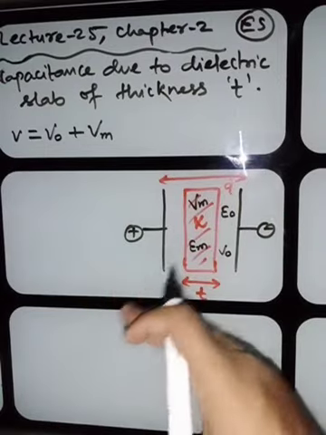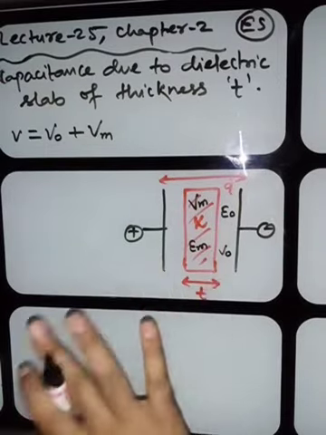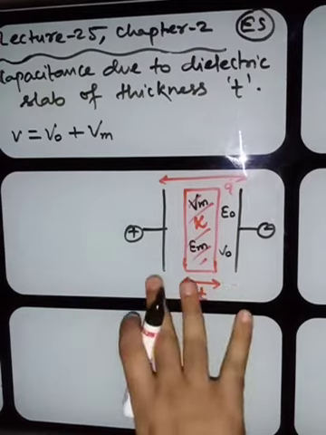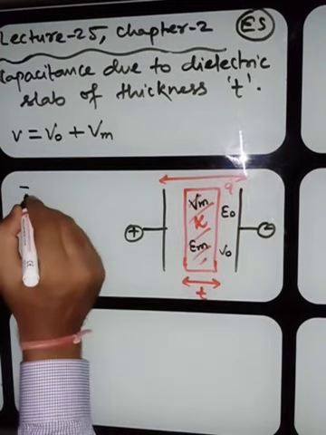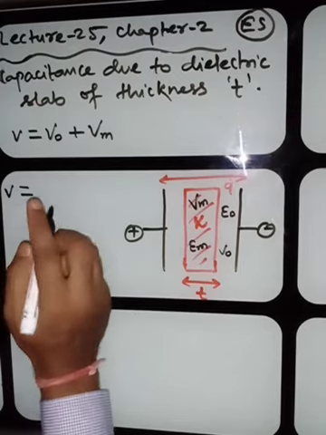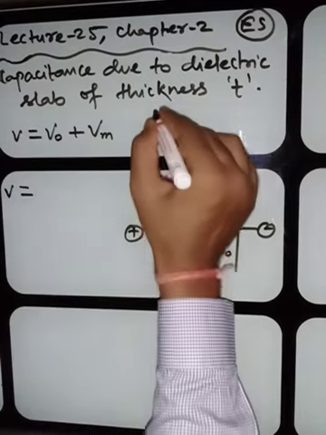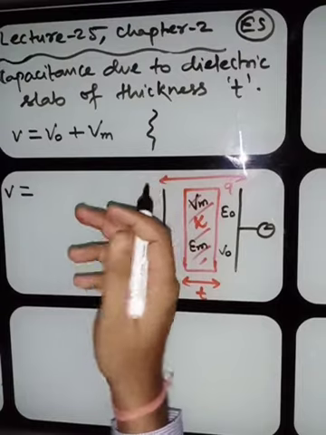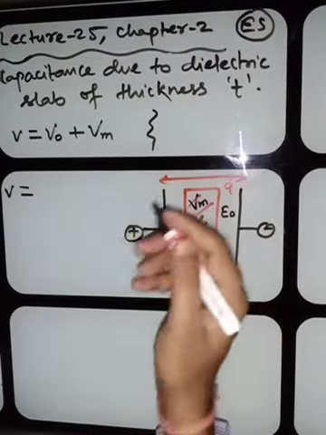Since we have to derive the capacitance, we know that we need potential. So we are proceeding from here. Now V naught, the potential.